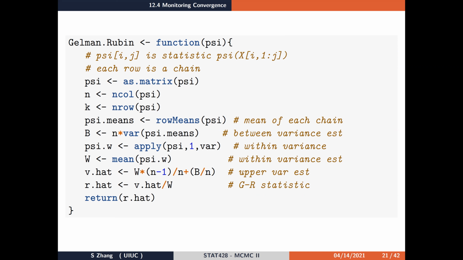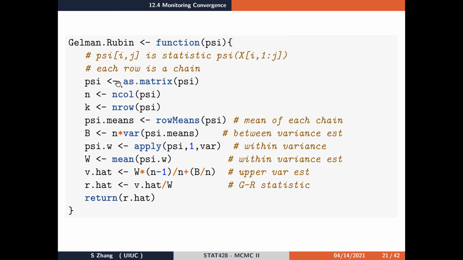The ijth entry of this psi matrix is the psi statistic calculated using the ith chain, using the x draws from the first iteration to the jth iteration. Each row of this matrix is a chain, and each of them has different starting values.